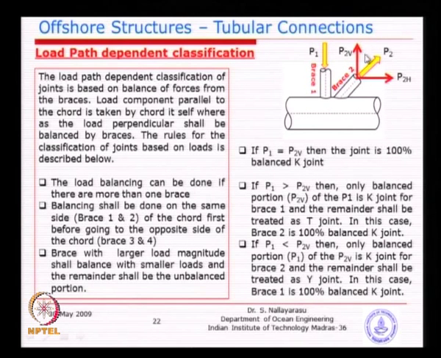For example, if this is 200 kilonewton and this is 300 kilonewton, 200 kilonewton is balanced, and only the remainder 100 kilonewton is unbalanced. So, out of 300, 200 is balanced, that is 200 by 300, 66% behavior as K joint for both the braces, but for P1, because it is slightly larger by 100 kilonewton, 33% is T joint.